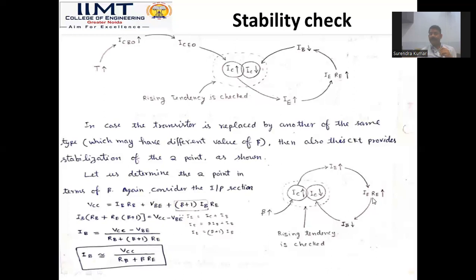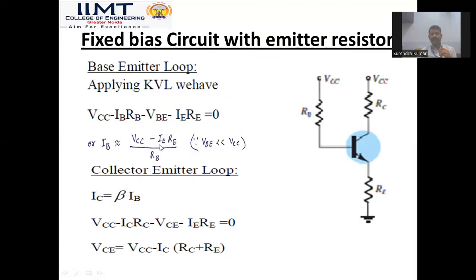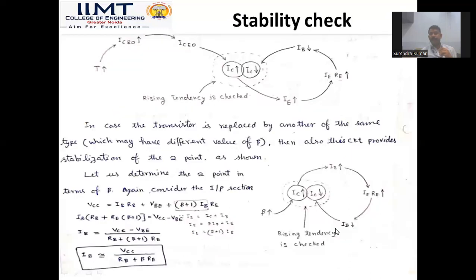And if IE RE is going to increase, again, the base current is going to decrease. It is already explained in the previous base current equation here. If IE RE is going to increase, definitely the base current will decrease. So here the decrement in base current will decrease the collector current. So the effect of beta is also nullified by using this RE.